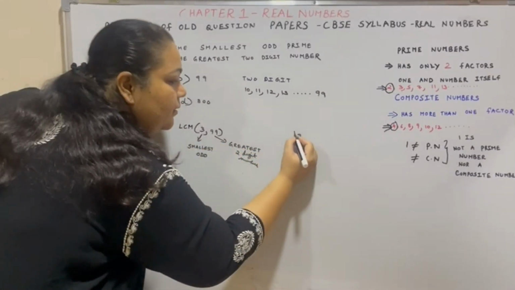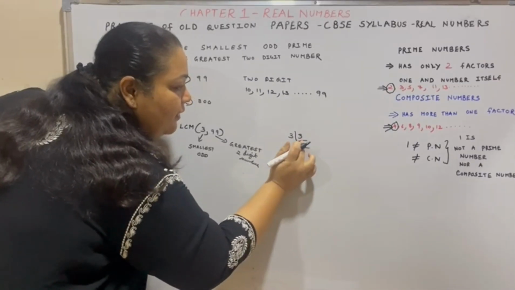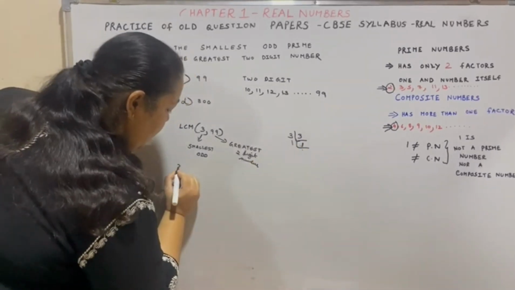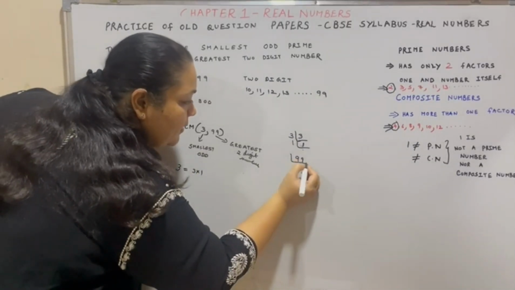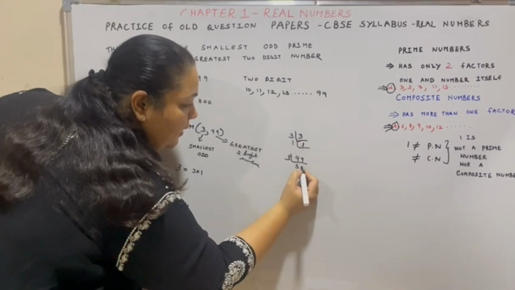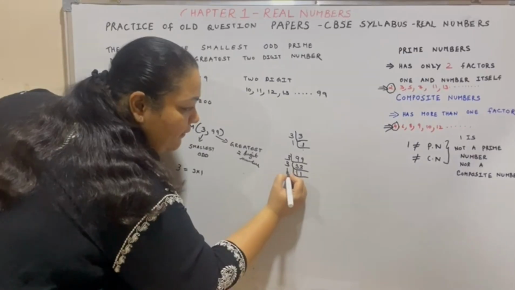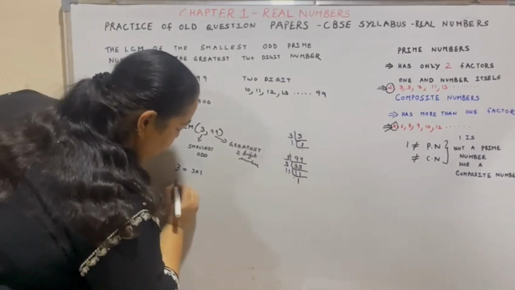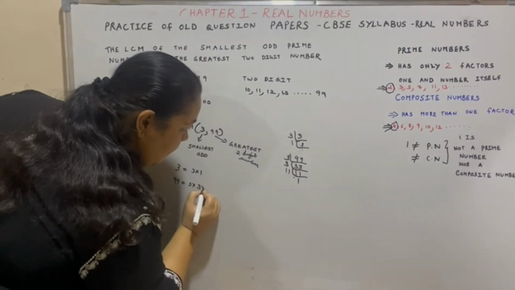Prime factorization of 3 is 3 into 1. For 99: 3 3s are 9, 3 3s are 9, again 3 1s are 3, 3 1s are 3, and 11 is not divisible by anything, so it stays by itself. So for 99 it is 3 into 3 into 11.